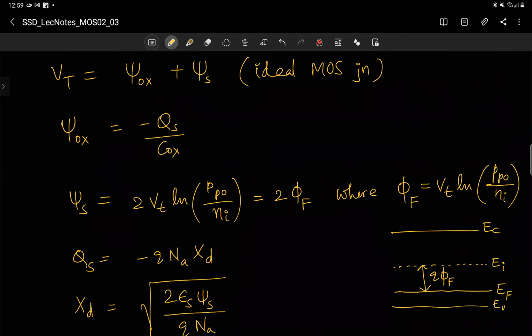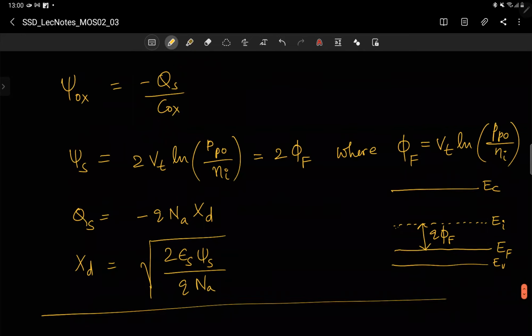So this is basically what earlier also we saw, the same relation, right? So drop across oxide is simply given by the charge on either whichever side you take, either on metal side or semiconductor side, total charge by capacitance of the oxide. As far as oxide is concerned, the oxide is acting like a capacitor.